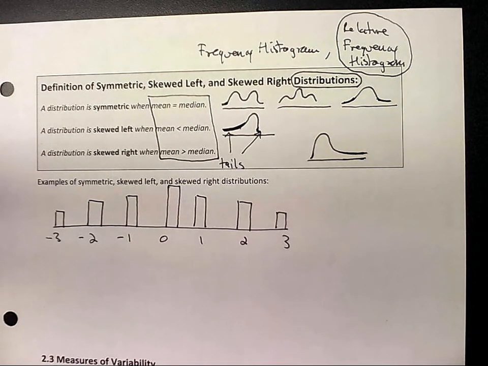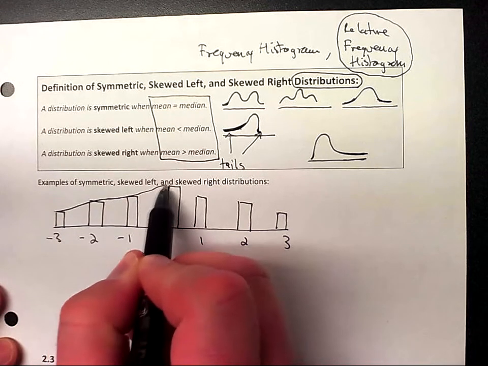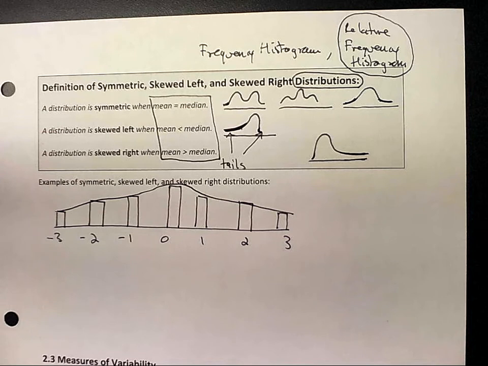Right, so that's my best shot at being symmetric. If you wanted to make this as a line, it would look something like this. But it's basically supposed to be symmetric on both sides.